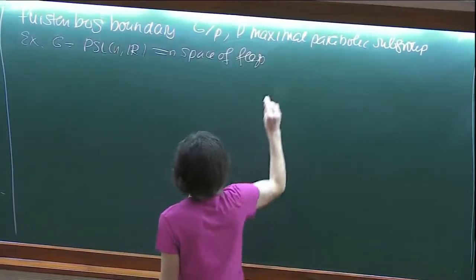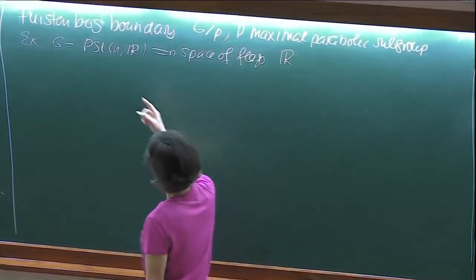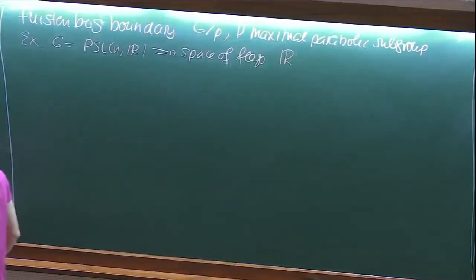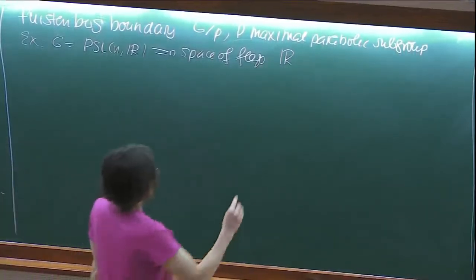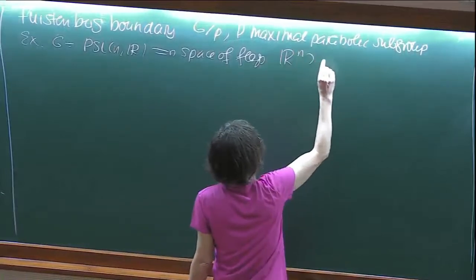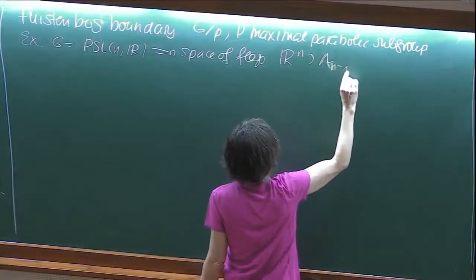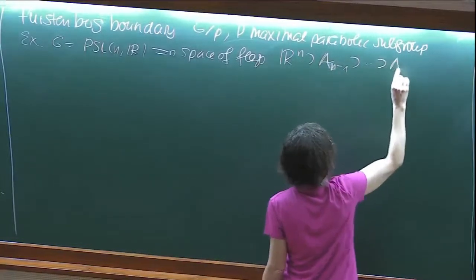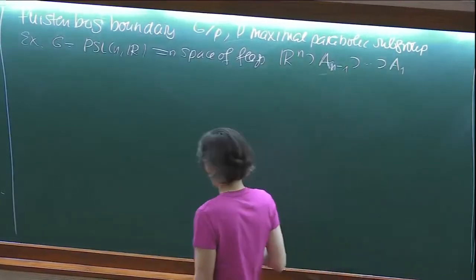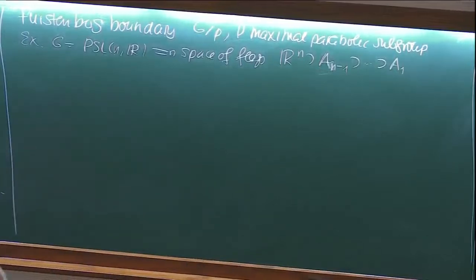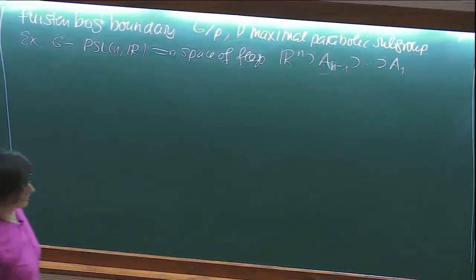So what is a flag? The group PSLNR is the group of linear transformations of Rn which have determinant 1. And so now we can take Rn, and subspaces A1 through A(n-1). These Ai are supposed to be linear subspaces of rank i, and they're supposed to be nested in each other.